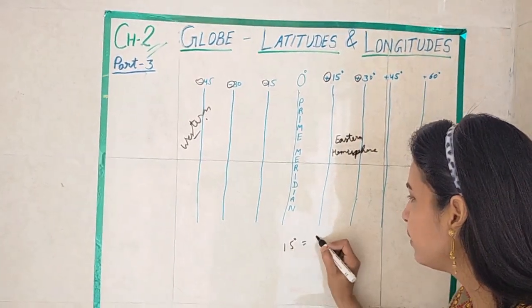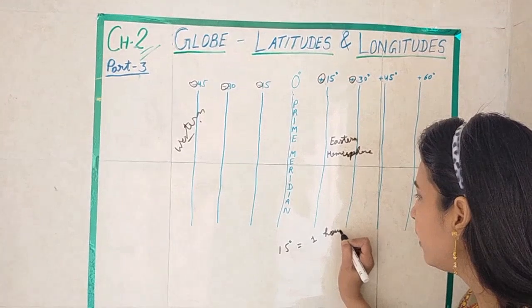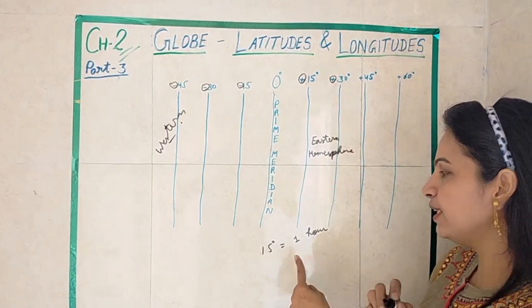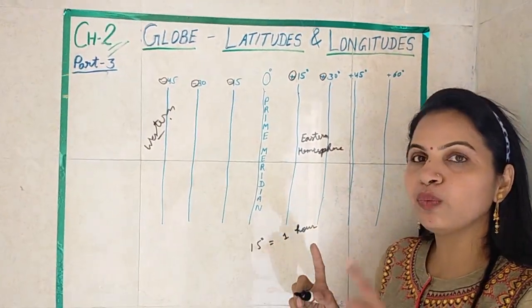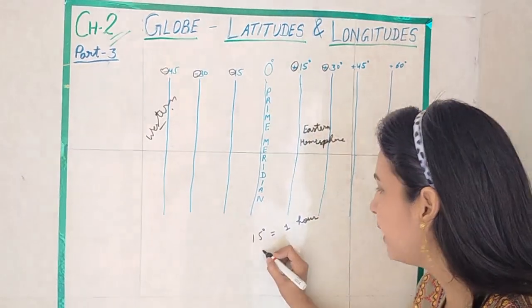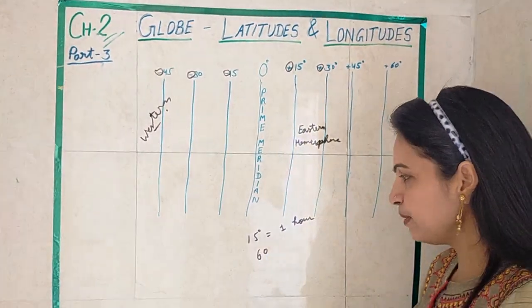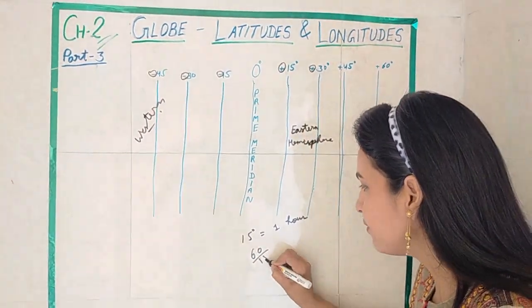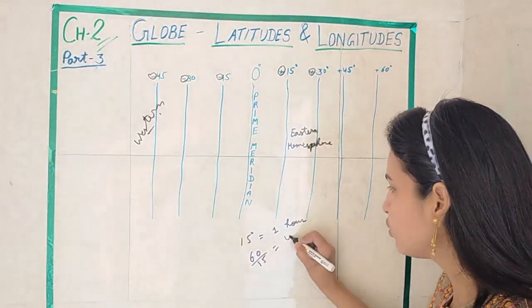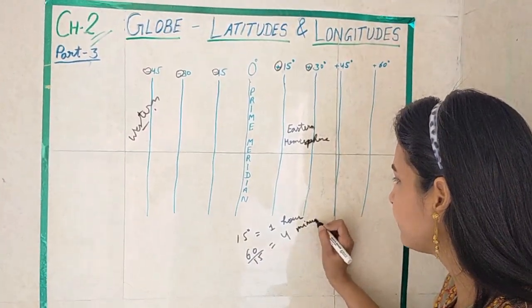Now when we calculate the time, from degree 0 to 15, 15 to 30, we can say 15° is equal to 1 hour. So if 15° is equal to 1 hour, then 1 degree is equal to, 1 hour has 60 minutes, 60 divided by 15 is equal to 4 minutes.